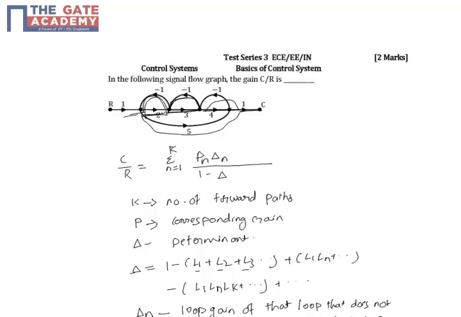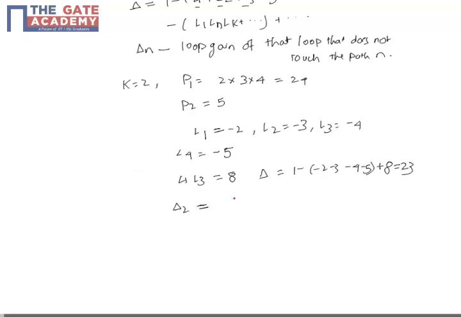So delta 2 is equal to 1 minus 3, where minus 3 is the loop gain of the loop that does not touch the second forward path. This comes to be minus 4, and delta 1 is 1 minus 0 because there is no loop that does not touch the first forward path. So this is 1.